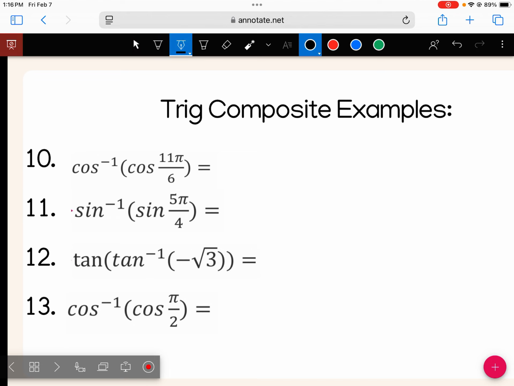At 11 pi over 6, what is the cosine function? So now looking at the inverse function with our domain of 0 to pi, what value gets us root 3 over 2 for cosine?